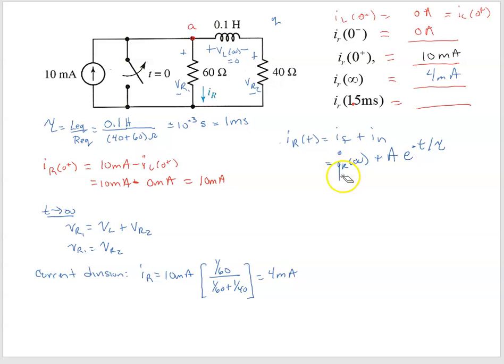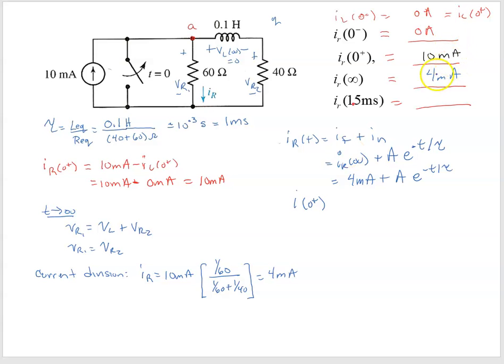We don't need to know that's 1 millisecond to evaluate it at t equal to infinity, so it's equal to 4 milliamp plus A e to the negative t over tau. We find A with our initial conditions. We've got to make sure we use 0 plus.